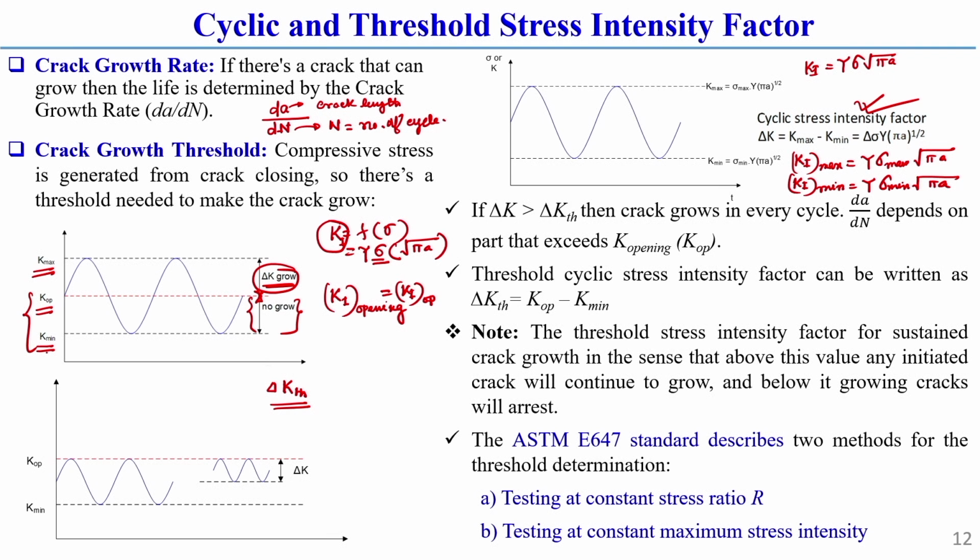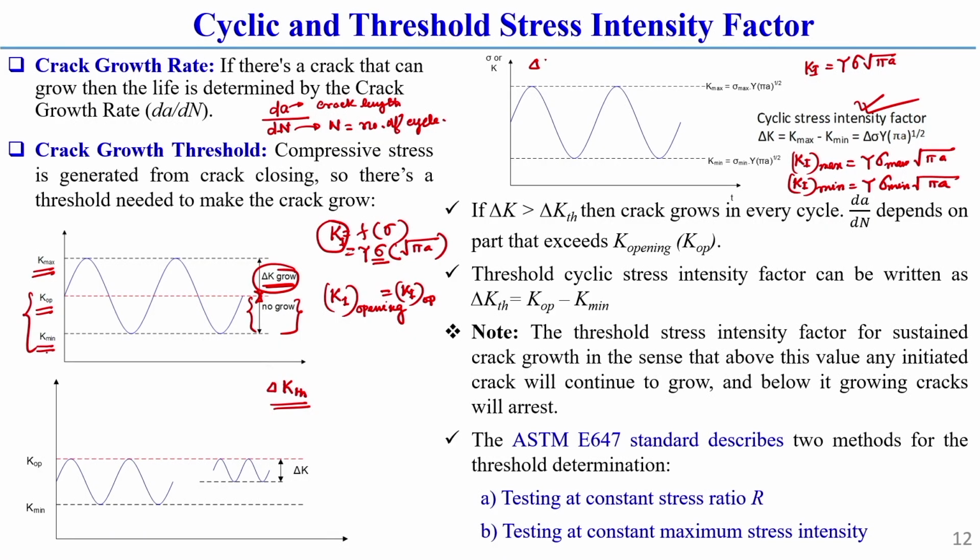As in case of fatigue analysis there is cyclic loading, instead of using K max or K min, here we use cyclic stress intensity factor. Cyclic stress intensity factor is the range of stress intensity factor from minimum to maximum. That you can represent as delta K I is equal to K max minus K min. This you should keep in mind.